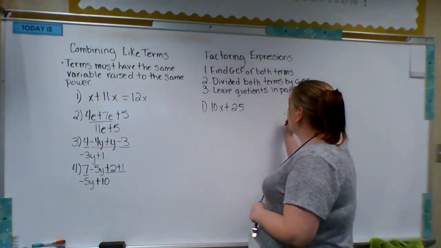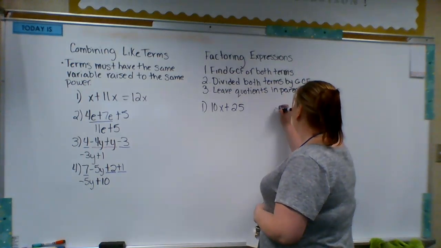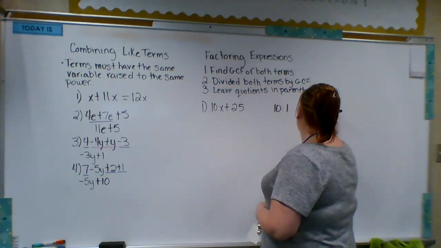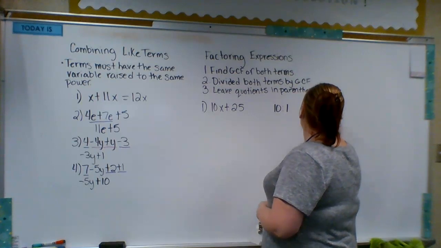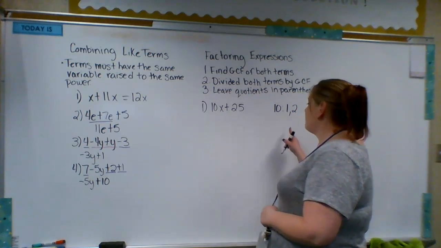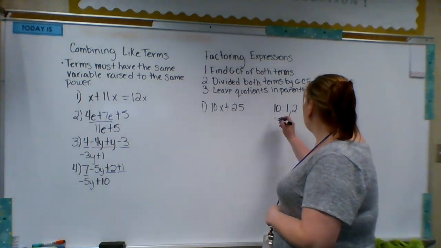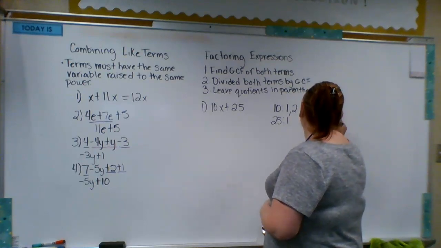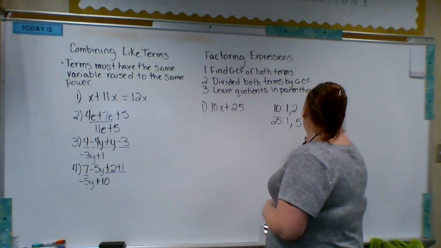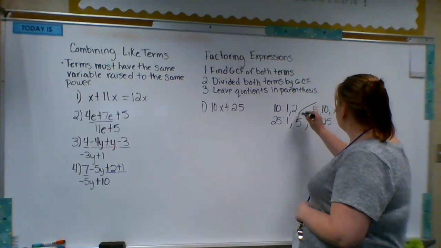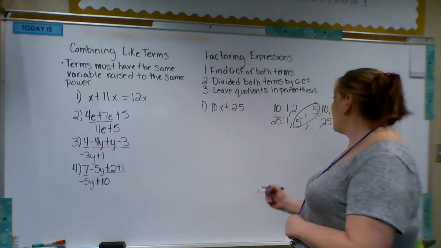To find my GCF, for 10, I have 1 and 10, and 2 and 5. Those are my factors of 10. Then for 25, I have 1 and 25, and then 5 times 5. If I look for which one is the greatest, my GCF is 5.